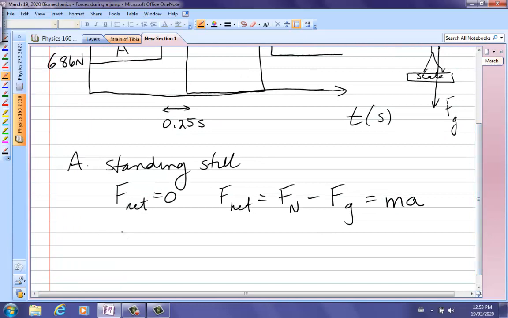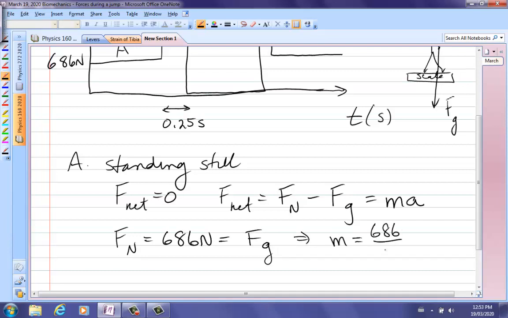Okay, so standing still, the reading on the scale, Fn, is equal to the 686, which must be the force of gravity. That's how you know what her mass is. So if that's the force of gravity, then the mass must be 686 divided by 9.8 newtons per kilogram.